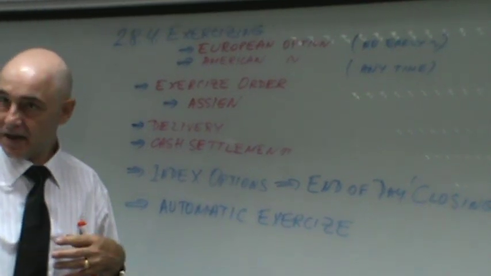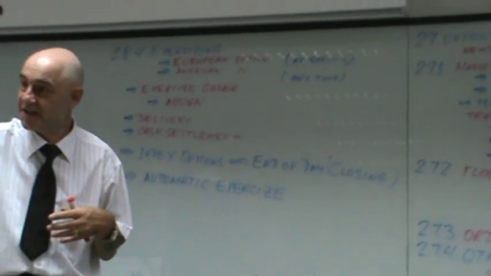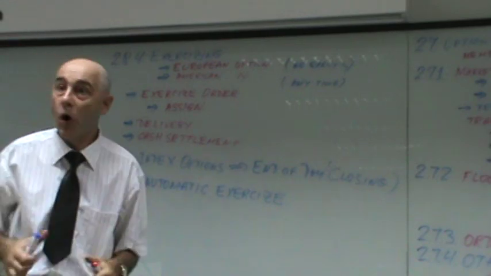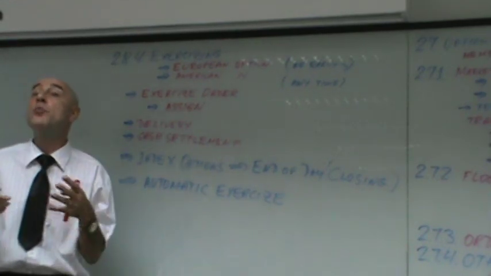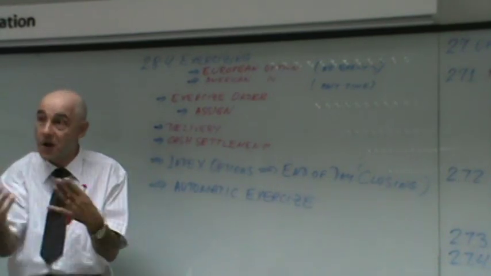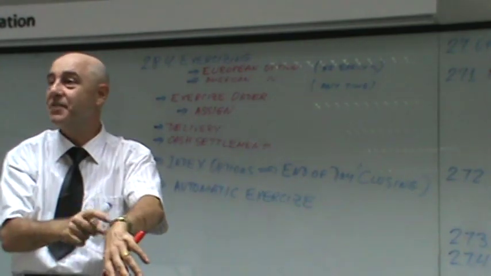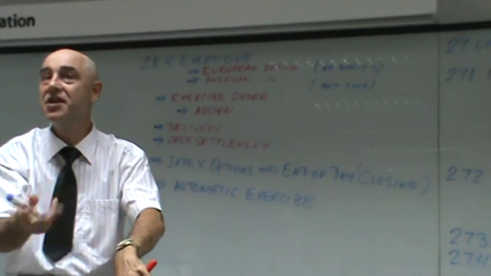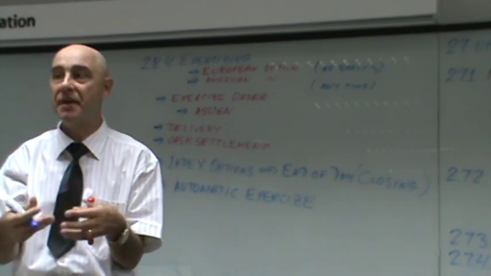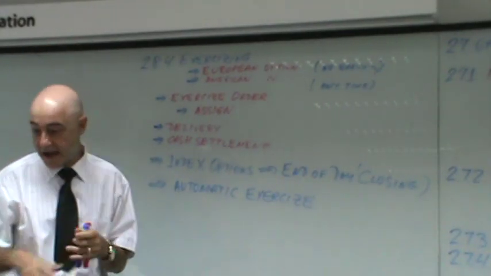So you got an option, it's in the money, it expires today, you forgot to exercise it, they will exercise it for you automatically. And almost all brokers, if a customer, just a small guy like you and me, forgot about it or didn't realize, thinking that expiration is on the 22nd, but this month expiration is the 15th, so he didn't exercise, the broker will automatically exercise for the benefit of the customer. Okay, that's called automatic exercise.